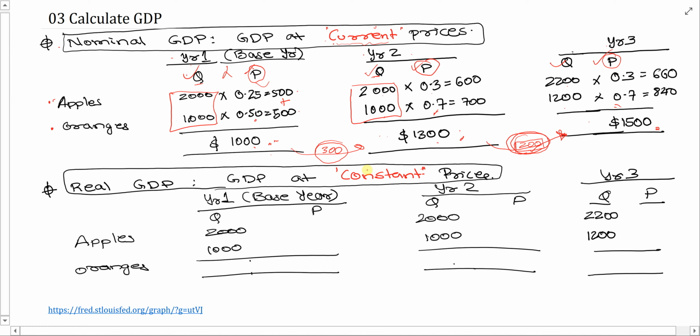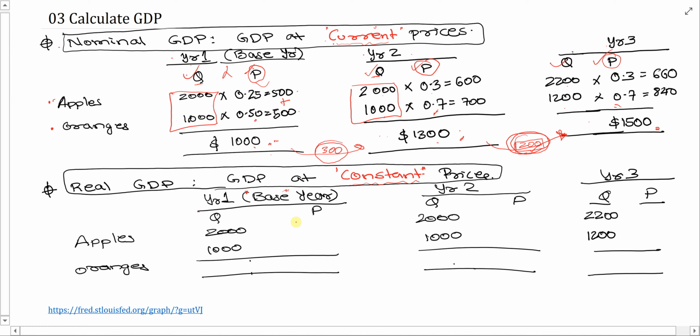But we don't want the effect of prices, so we keep prices constant for our computation. Prices do change in reality, but as far as computation is concerned, we use the same prices that we used in year one. Year one, we are assuming, is the base year. The base year is the year whose prices you use for all the years going forward.